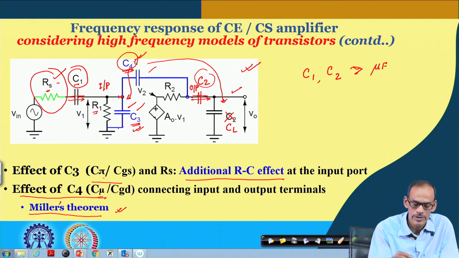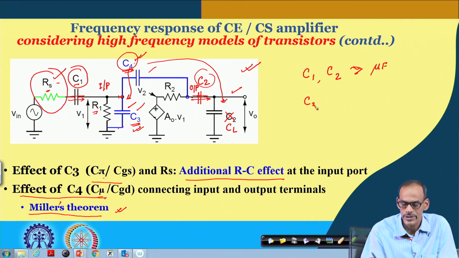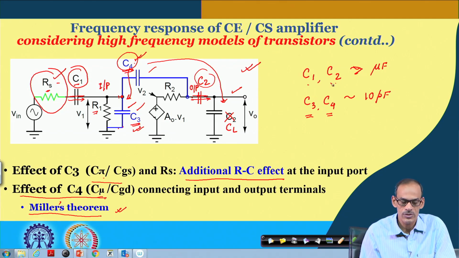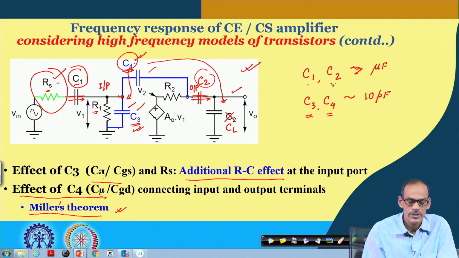On the other hand, typical values of, say, C3 and C4 may be in the range of 10 picofarad. Naturally, in the frequency range over which we will be considering the effect of C3 and C4, you may consider that C1 and C2 are effectively simply shorting their two terminals.